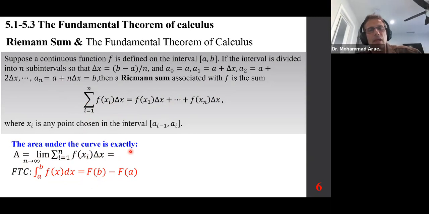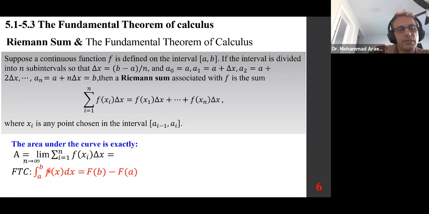Now, we have something called the fundamental theorem of calculus, or FTC for short. This reads: the integral from a to b of f of x dx is capital F of b minus capital F of a. First and foremost, this is identical to this. This is by definition. These two are identical by definition, class.